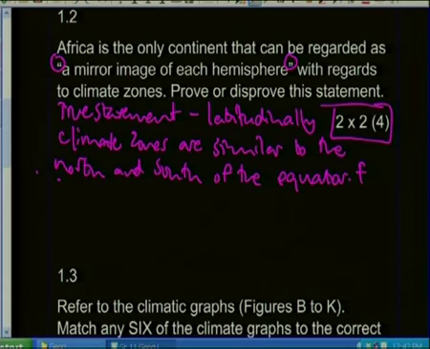For example, we can give an example here to earn our marks: 32 degrees north and 32 degrees south of the equator.